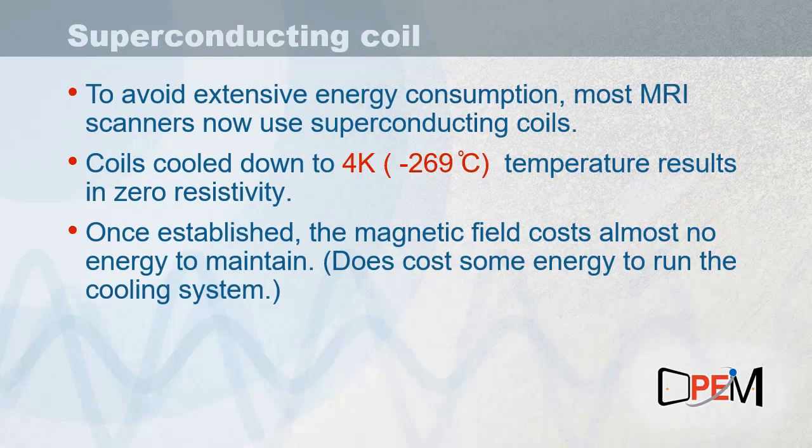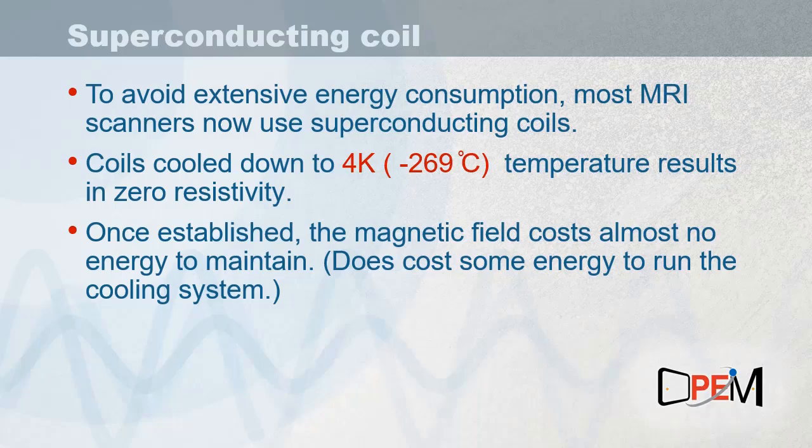To avoid extensive energy consumption under such high current, most MRI scanners now use superconducting coils. These coils are cooled down to 4 Kelvin, or minus 269 degrees Celsius, to achieve zero resistivity.